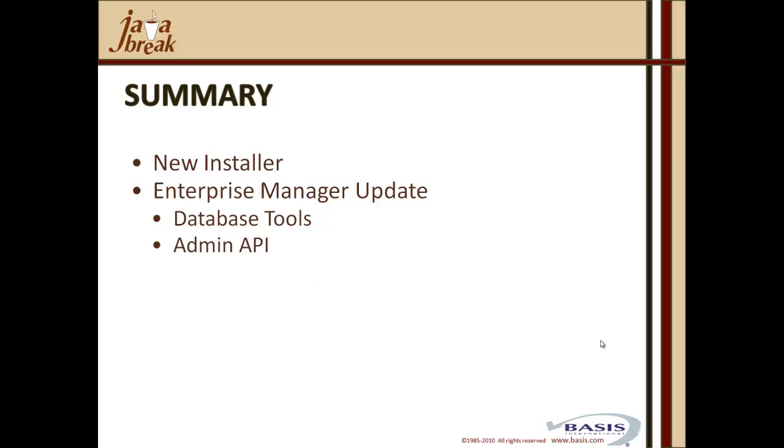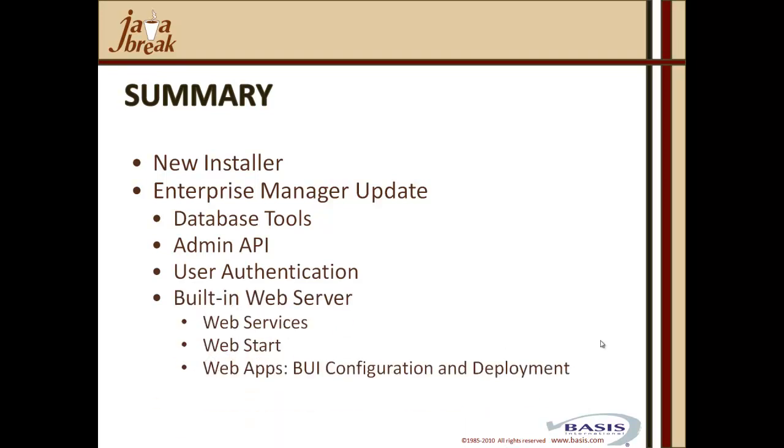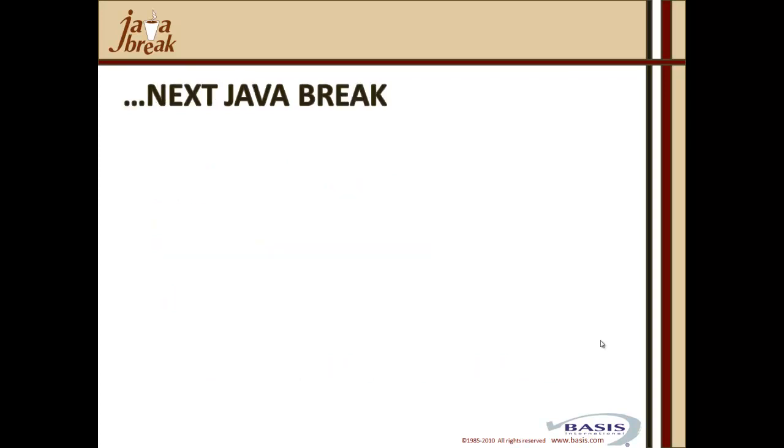So database tools that we've enhanced, the admin API, user authentication choices that you have, and some more information on the functionality of the Builtin Web Server. Apart from web services and web start, we can also use it to launch applications that we've written that are Buoy compliant, that will run in our browser user interface.